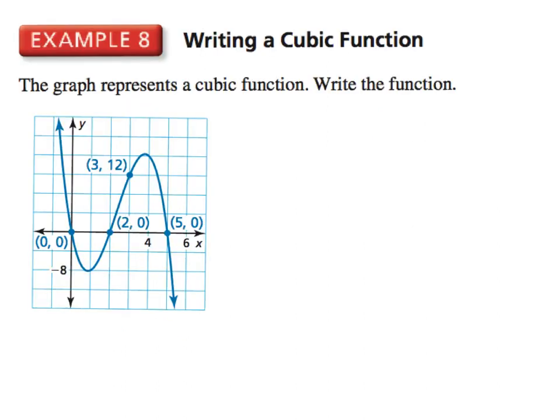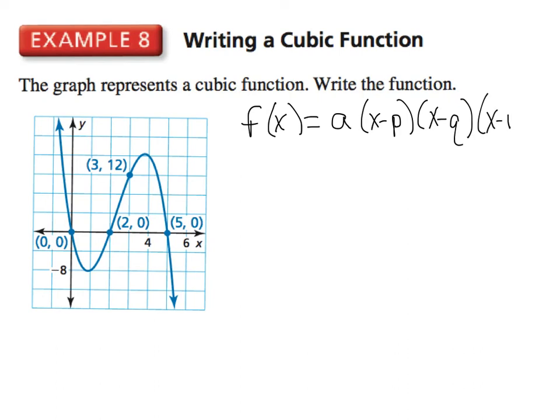So now, given the graph, I want you to write a function. Well, our function is written in this form, x minus p, x minus q, and x minus r.